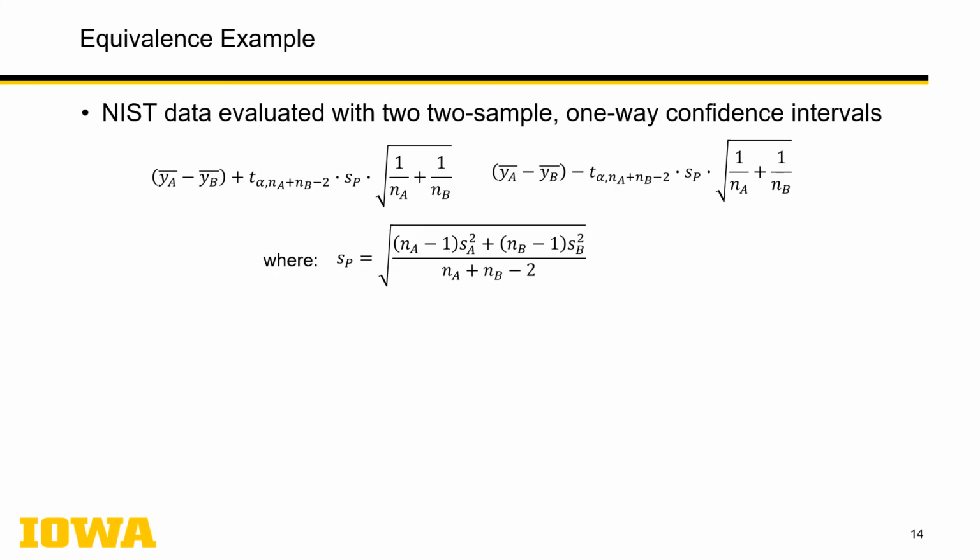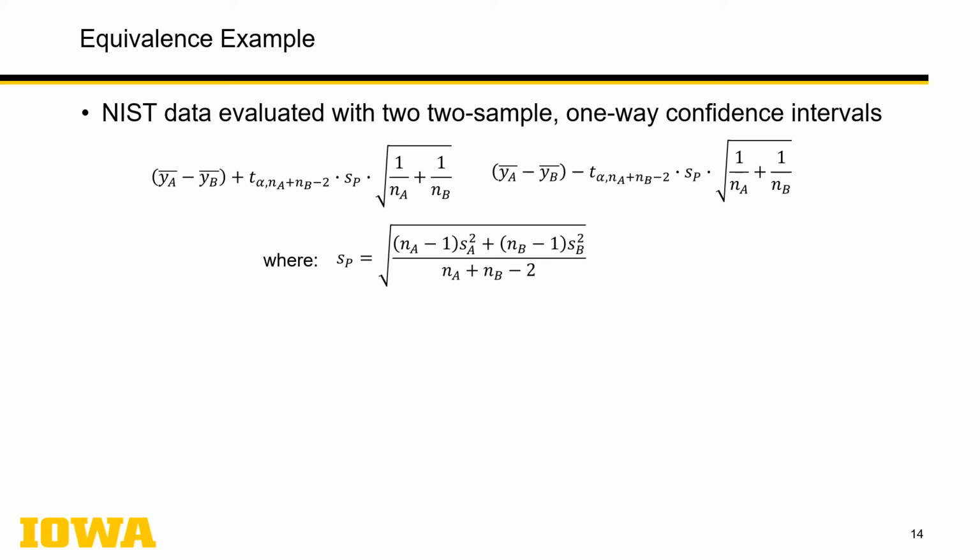So these are the equations needed to calculate one-way confidence intervals for a two-sample test. And as it says here, there are two of these two-sample one-way confidence interval equations. And that's necessary because they are independent of each other in a sense.